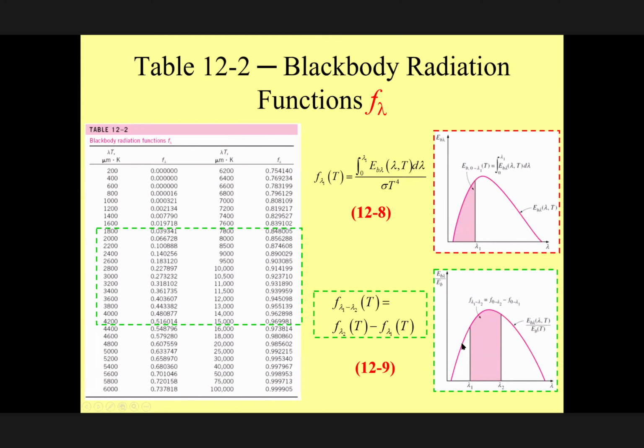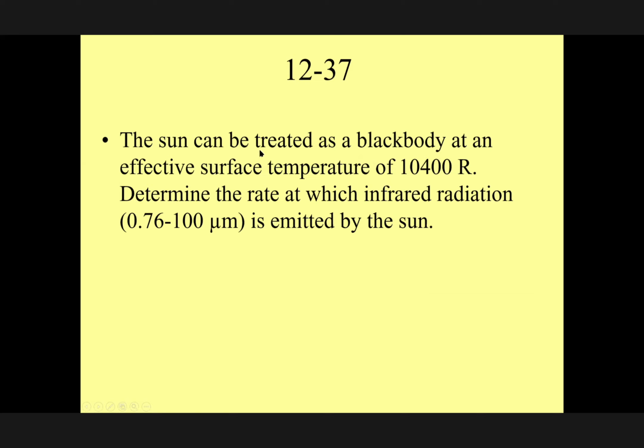This exactly falls. So in this T, we use the 5,778, yes. As I mentioned here, we're trying to look at what portion of energy from the sun ends up between these two. If we go back here, this can be considered a black body at this temperature.